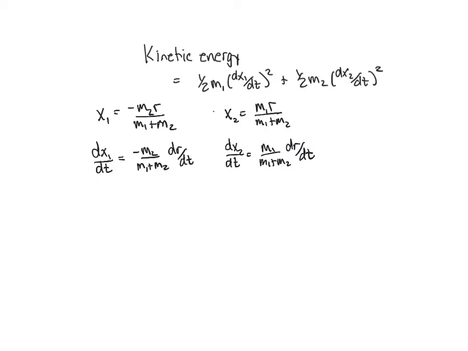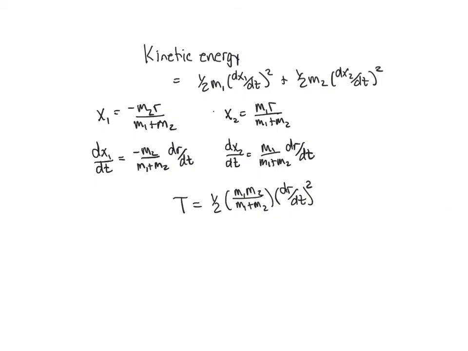If I plug these in and do all of the algebra necessary, I find that this is equal to 1/2 times m1 m2 divided by (m1 plus m2) times (dr/dt) squared.